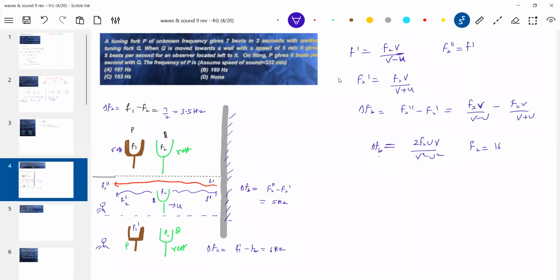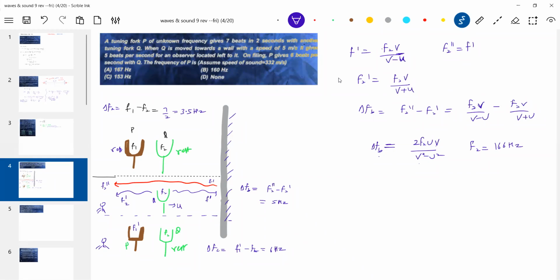If I can get F2, we can reach the answer. 166 cannot come because UV is there. It is 2 F2 UV by V square minus U square. Okay, we got F2 this much.